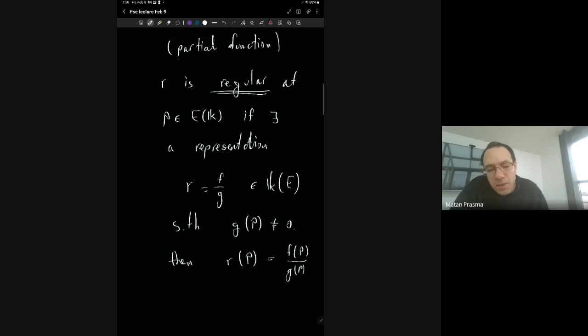It could be zero, if F of P vanishes, then it would be zero, but it would always be defined, always be a number, an element in K.